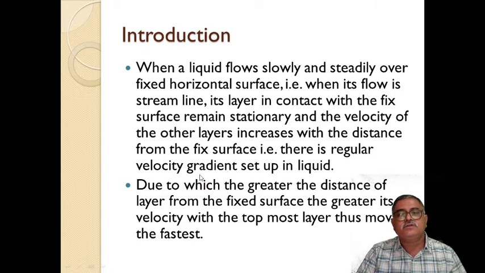There is a regular velocity gradient set up in that liquid, due to which the greater the distance of the layer from the fixed surface, the greater its velocity. We can say that the topmost layer is thus moving fastest.